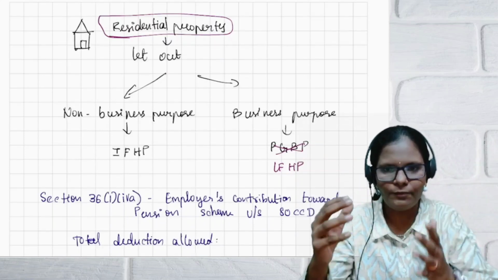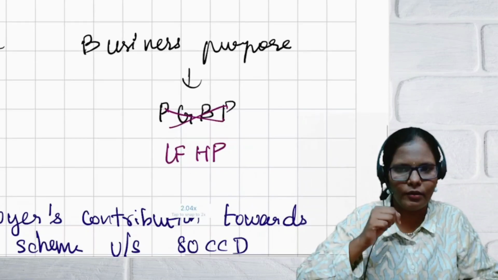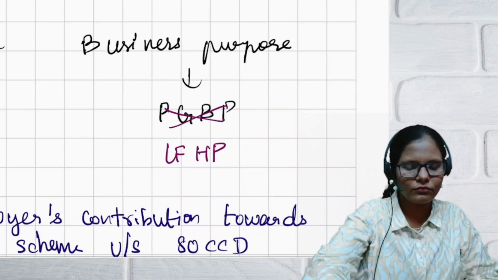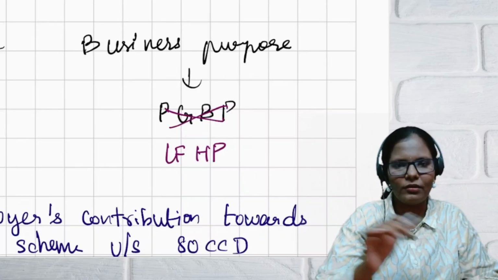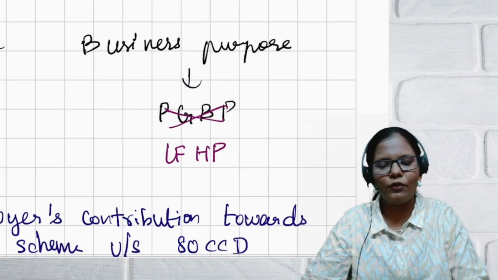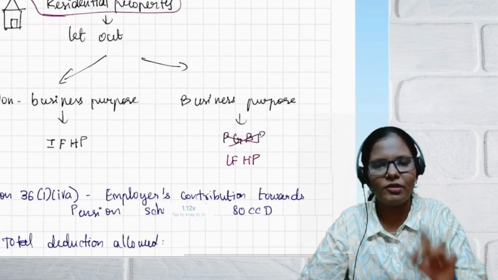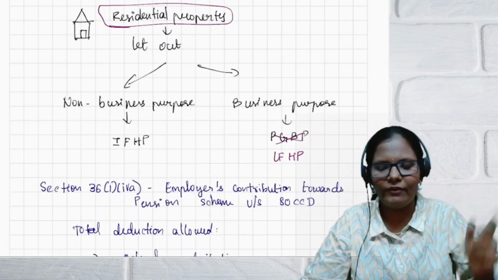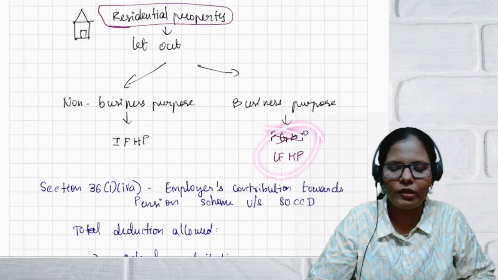If I let out my residential property for business purpose, then previously it was taxed in PGBP, but now it has been amended so that even if your residential property is let out for business purpose, the tax will be levied in income from house property, not in PGBP.